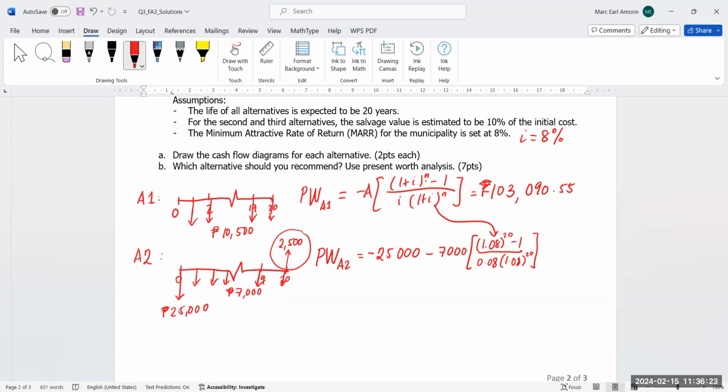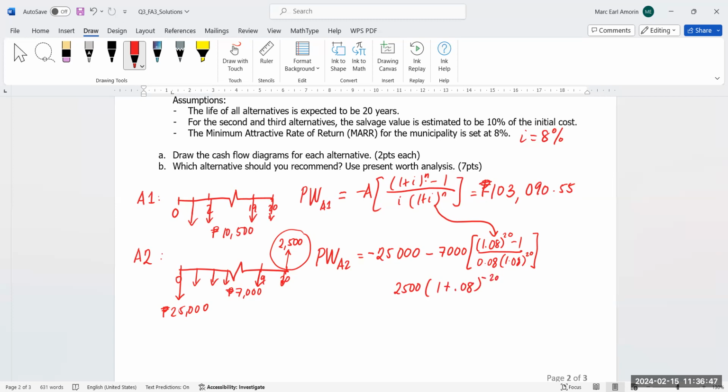Therefore, we need to convert it also into present value. So this is F. How do you convert F to P? Again, our formula is F times (1 plus i) raised to negative n. Okay, so that is our formula.